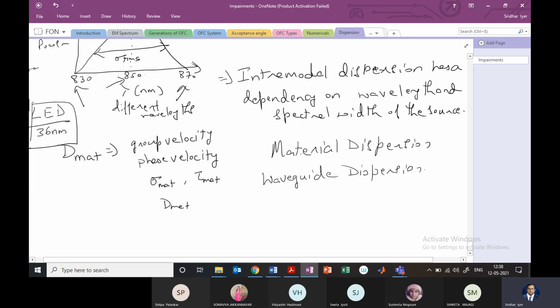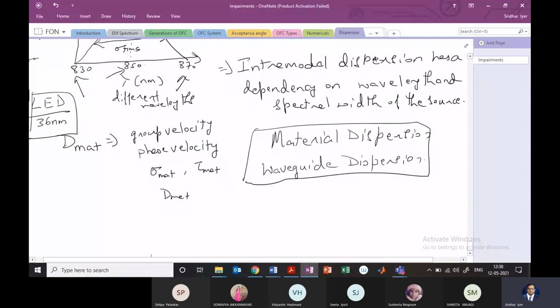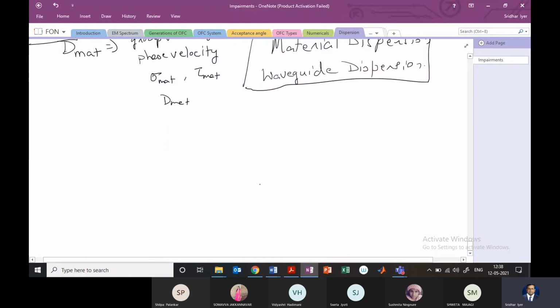Before going into the details of these dispersions, we need to understand a few concepts like group velocity and other things. So let's first quickly discuss that, and then we'll go into the dispersion part, right? So the idea of group velocity, group delay. Let me write the important points so that it will be there in the recording.